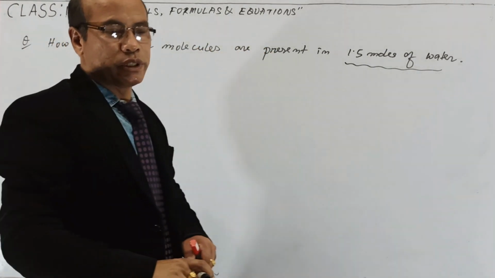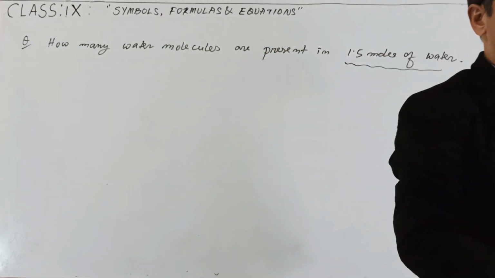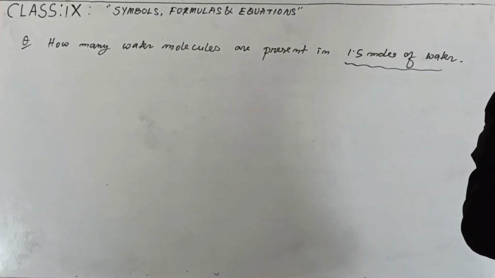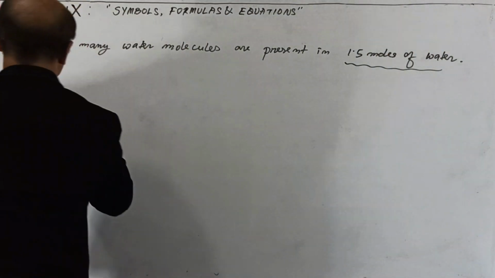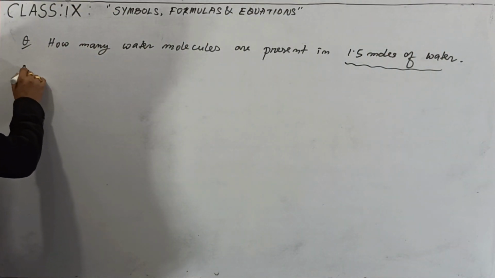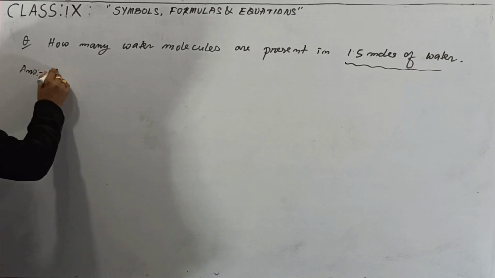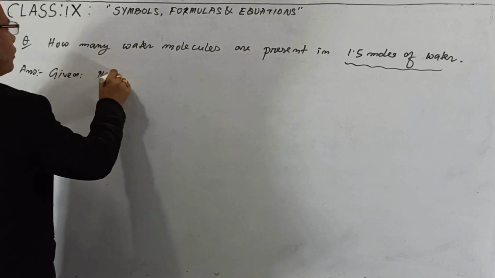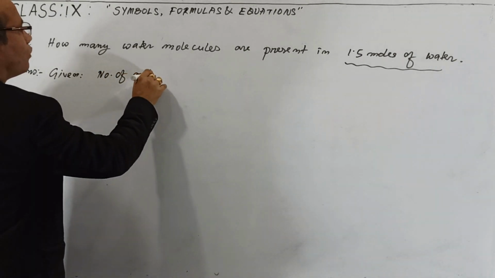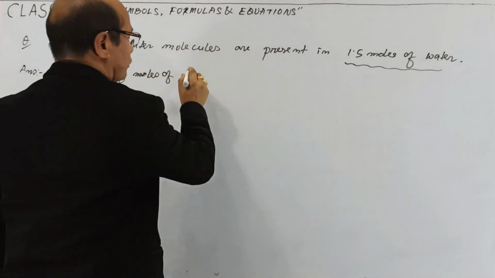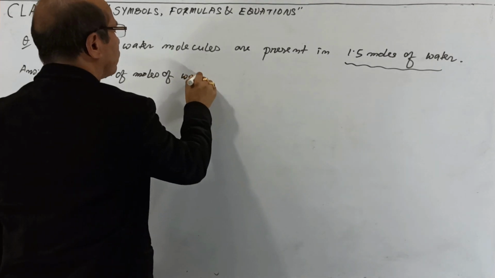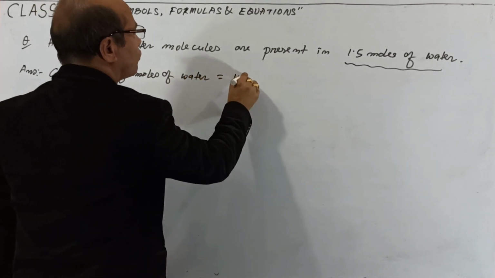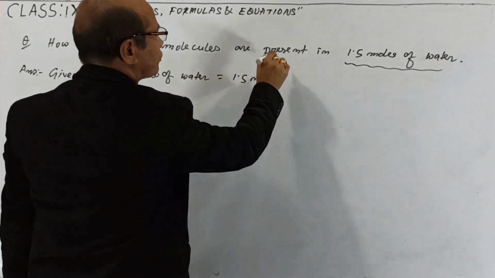Number of water molecules means the number of particles. Particles here means water molecule is a particle. So this can be found out very easily since we know the mole concept. You write like this. What is given? Number of moles of water is equal to 1.5 moles.